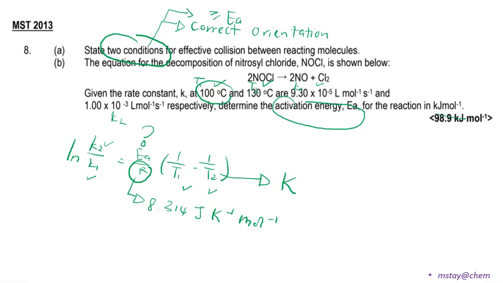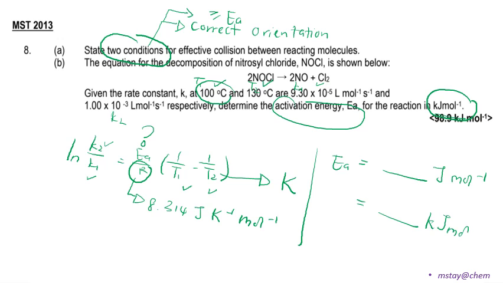When you do this calculation, remember that the activation energy you calculate from this formula will be in joules per mole. But the question asks for kilojoules per mole, so you must convert it by dividing by 1000.